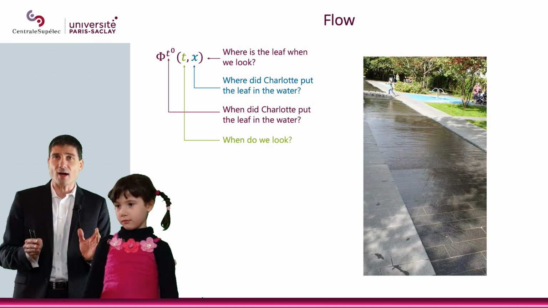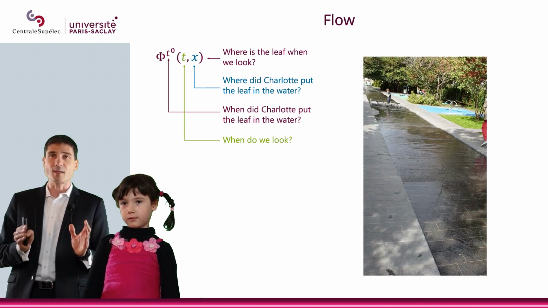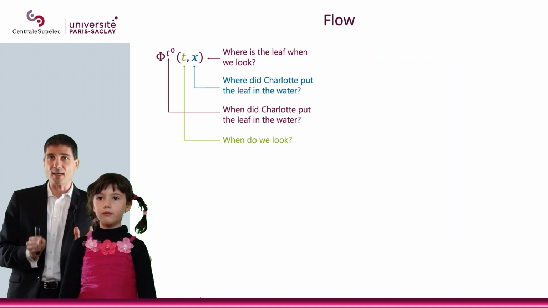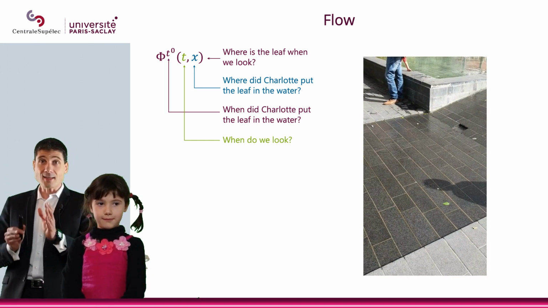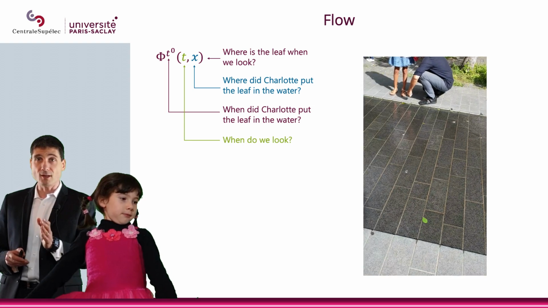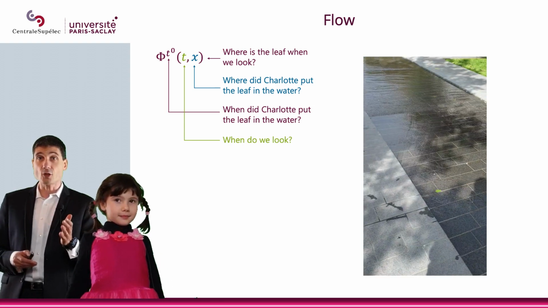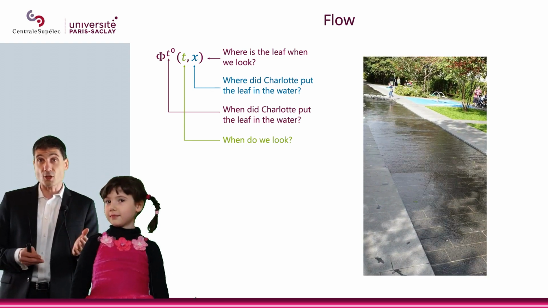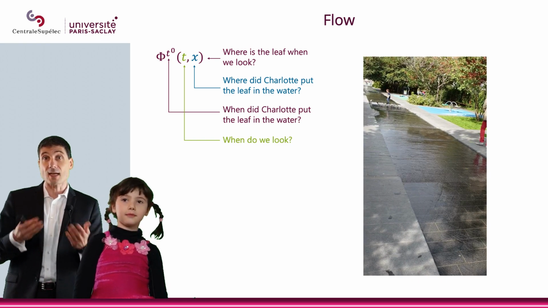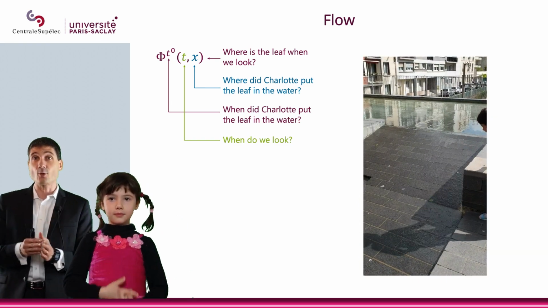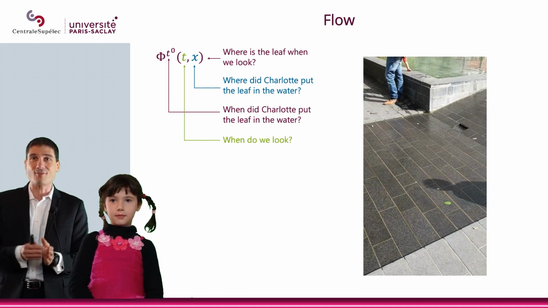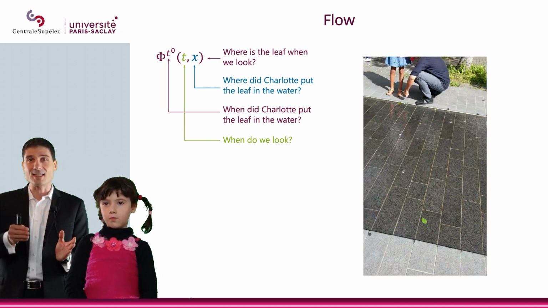Let me simplify things and assume that t naught is equal to 0. That is the time when Charlotte puts the leaf on the water. Now, x is the position where she puts the leaf, and you are interested to know the position of that leaf t seconds after Charlotte put it on the water. That is going to be given to you by phi(t, x).